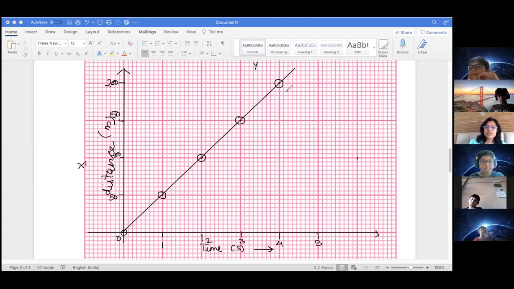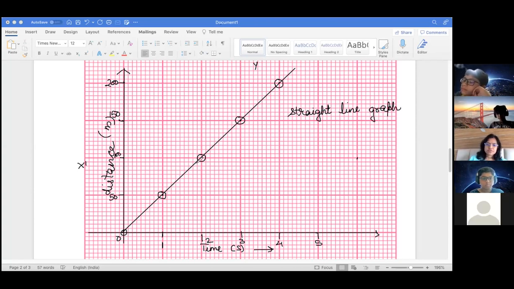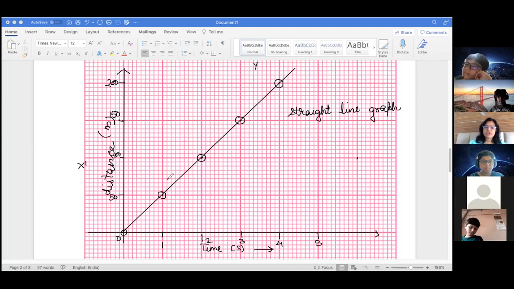So when you get a straight line graph, an inclined straight line graph, that means the speed is constant. What does it show? How do we know when the speed is changing? Changing speed, you'll get to know. Let me explain the straight line constant motion graph. A straight line graph means speed is constant, means speed is same. The object is moving with uniform speed.